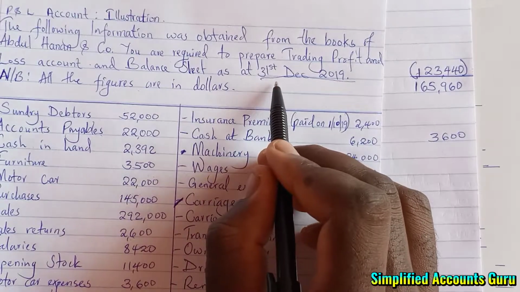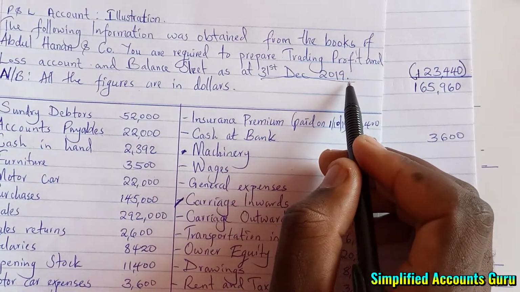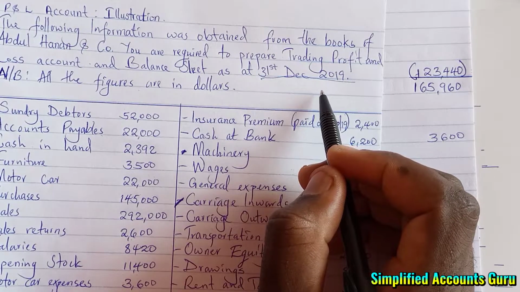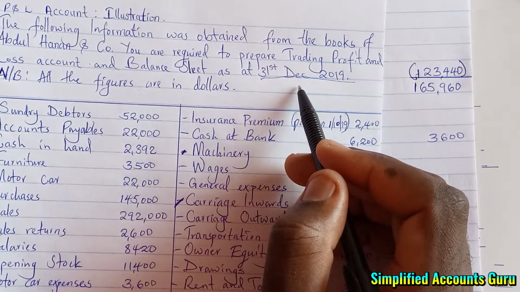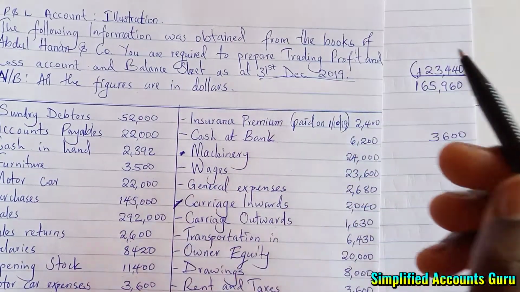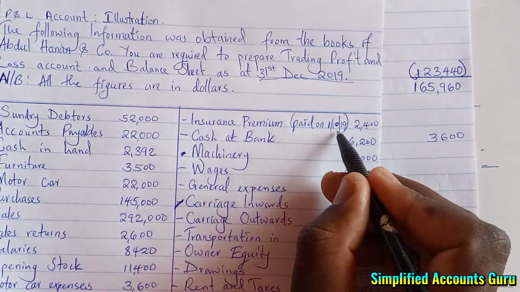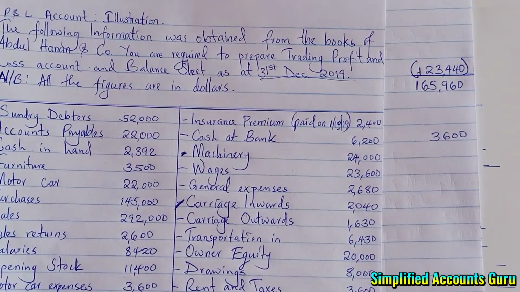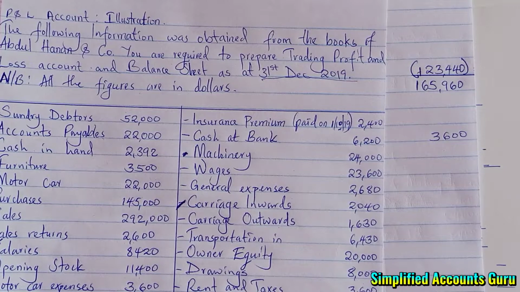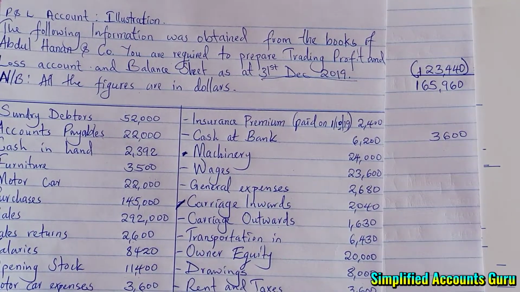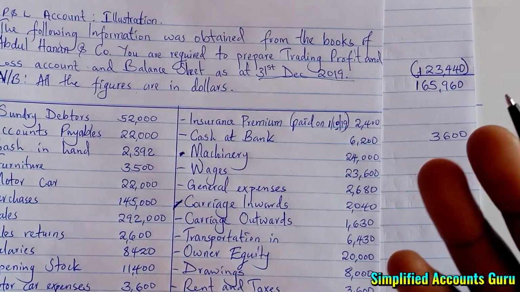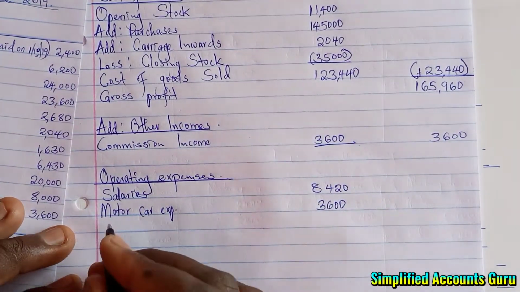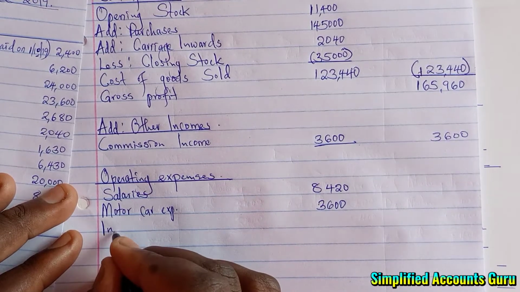If this period is ending on 31st December 2019, it means that counting 12 months backwards, you have January being the first month, then December is the last month. And this one is October, which is within the period. So it has been paid within the period. So that one is an expense that has already been paid, so it is not an accrued expense. That one will just be captured here as insurance premium.